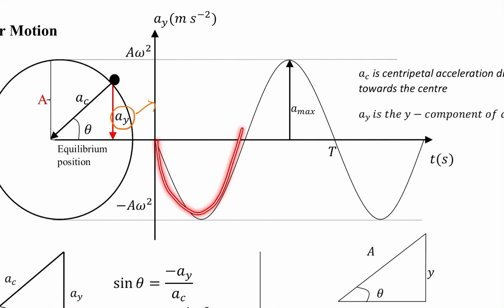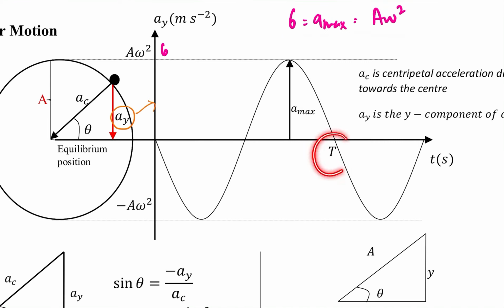So kat sini dapat maximum acceleration A max. So whatever value here, for example tadi ni 6 kan, 6 sama dengan A max, which is equal to A omega square. So you can get all the values out, and also here from the graph you are able to find period. Okay?